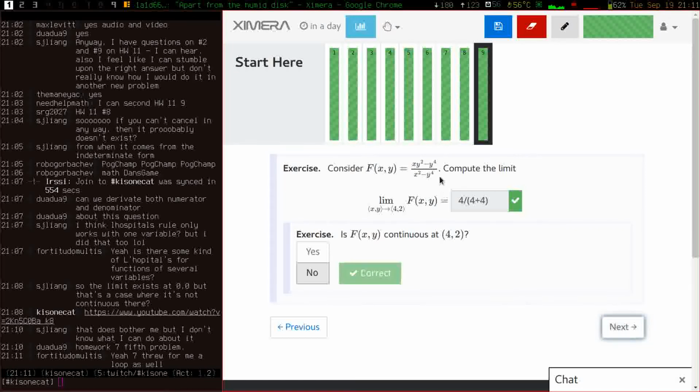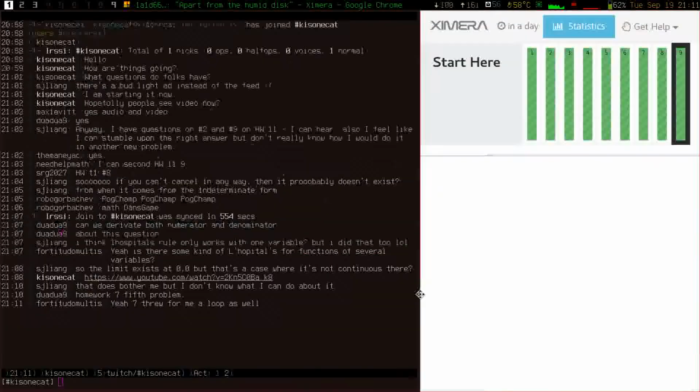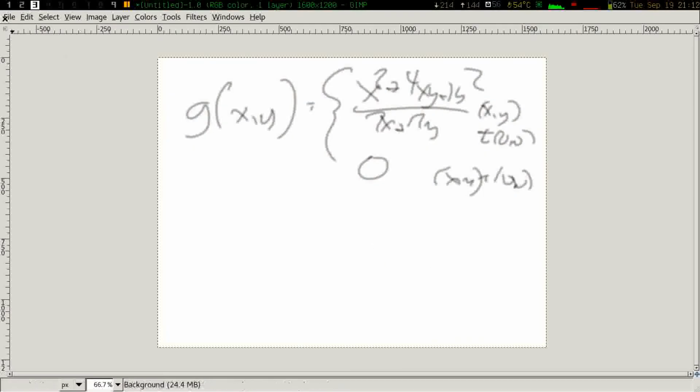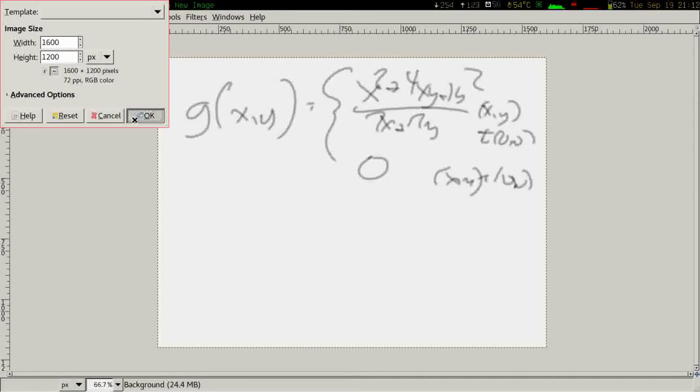So this is actually a very similar kind of setup. Here, this thing, x y squared minus y to the fourth divided by x squared minus y to the fourth, that also factors. Let's see how.